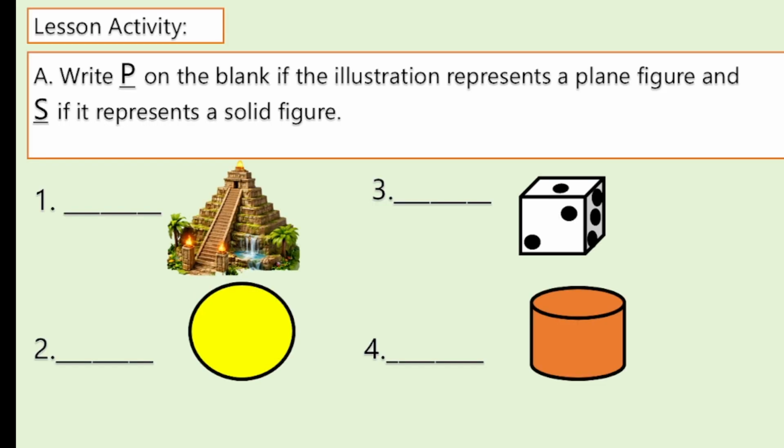Day 4. Lesson activity. Letter A. Write P on the blank if the illustration represents a plane figure, and S if it represents a solid figure. Number 1. S. Number 2. P. Number 3.